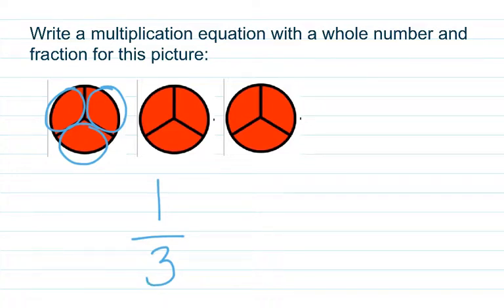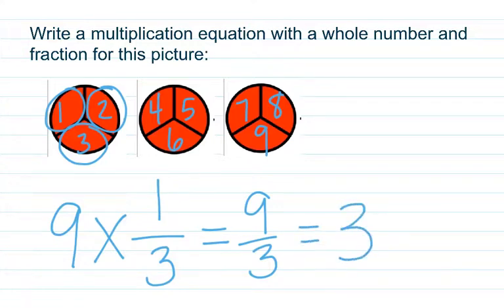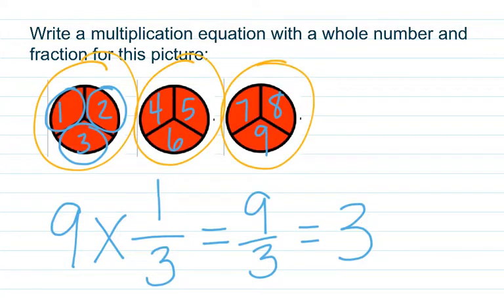Now I need to count how many 1/3s are represented in the picture. 1, 2, 3, 4, 5, 6, 7, 8, 9. There are 9 1/3s, so that means I have 9 groups of 1/3. I have 9 thirds. And since that's an improper fraction, if you change it, you're going to see that it equals 3, which makes sense because you have 3 whole pies, or 3 whole circles shaded in.